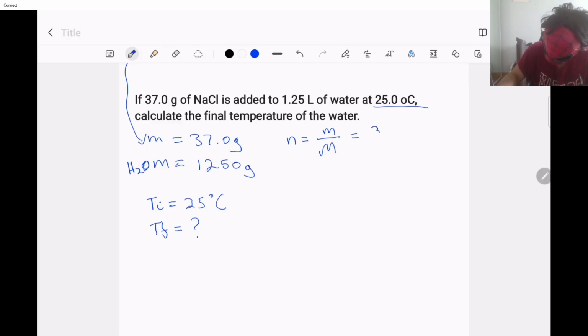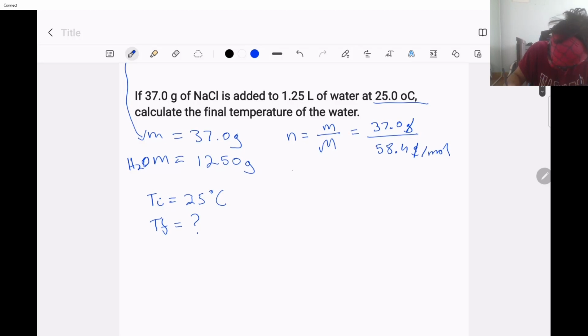We know the mass is 37.0 grams, and the molar mass is equal to 58.4 grams per mole. Grams cancel out, leaving moles. So n equals 37.0 divided by 58.4, which is 0.63259 moles.